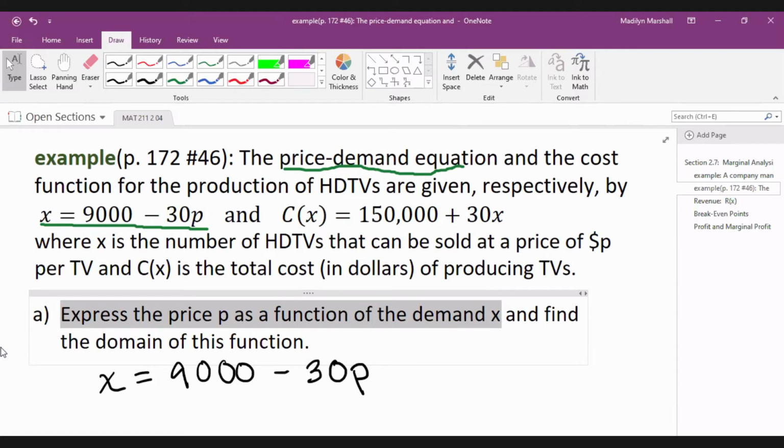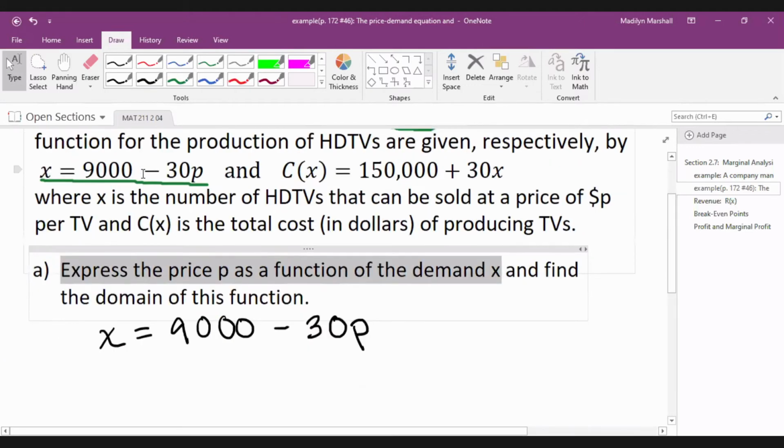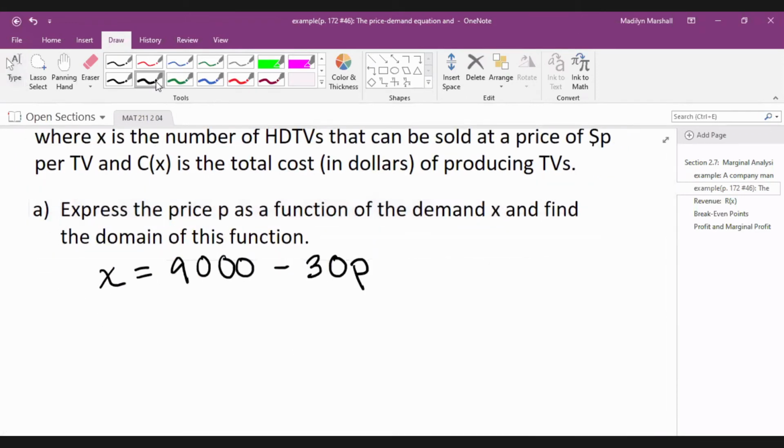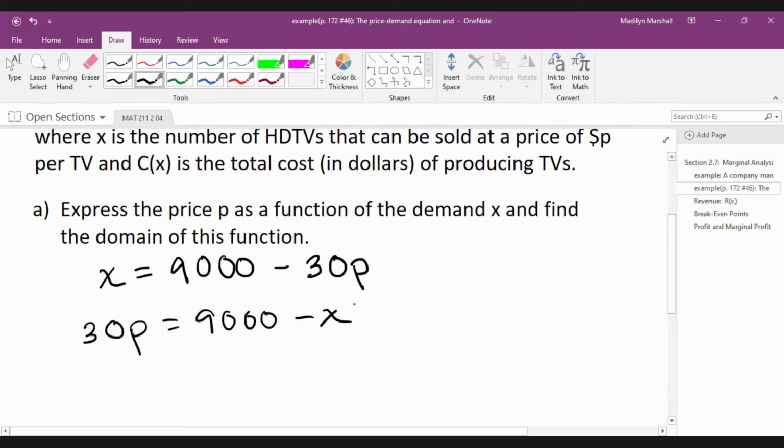So we're going to get this function so that P is by itself. However you do that is up to you. I'm just going to swap the 30P and the X. So we have 9,000 minus X on one side, adding 30P to both sides and subtracting X from both sides. And then we just need to divide by 30 everywhere.